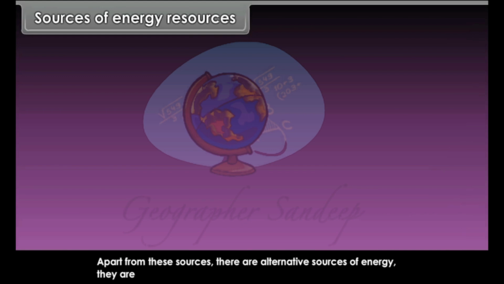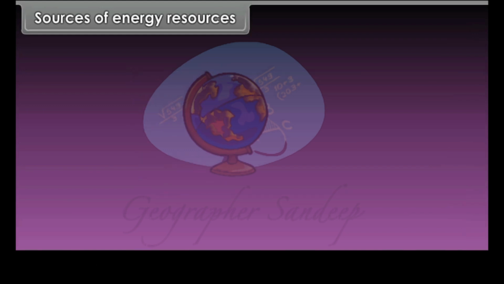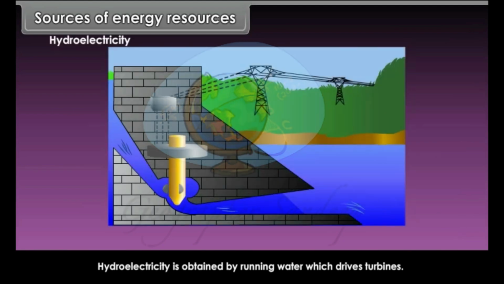Apart from these sources, there are alternative sources of energy. They are geothermal, wind energy, solar energy, nuclear energy, and tidal energy. Now, we will study these sources of energy in detail.